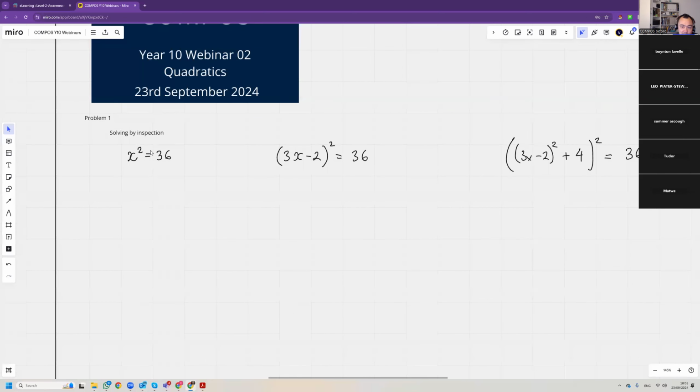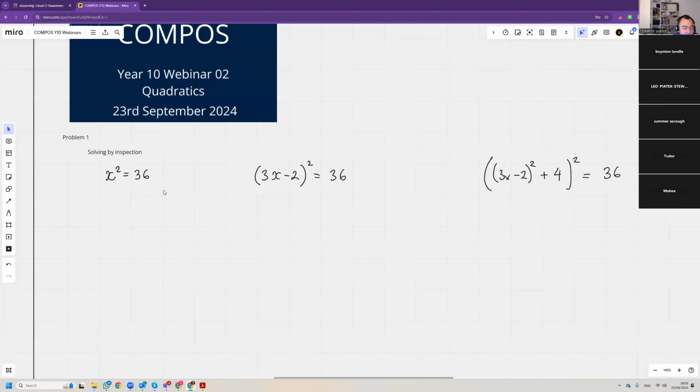Solve by inspection. This is where you just look at the equation and you see, well, I can actually guess what it is. What number would I put instead of x to make this true? Well, there are two possibilities, because I know that 6 squared is 36, and I know that minus 6 squared is also 36.